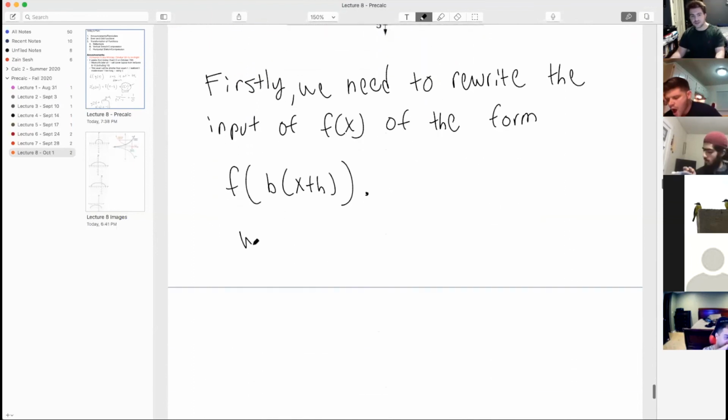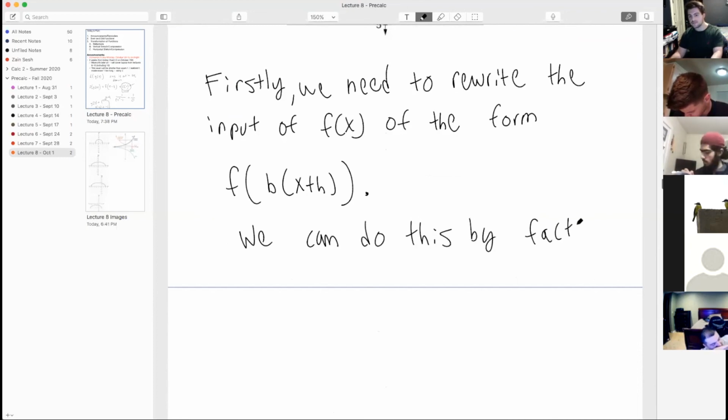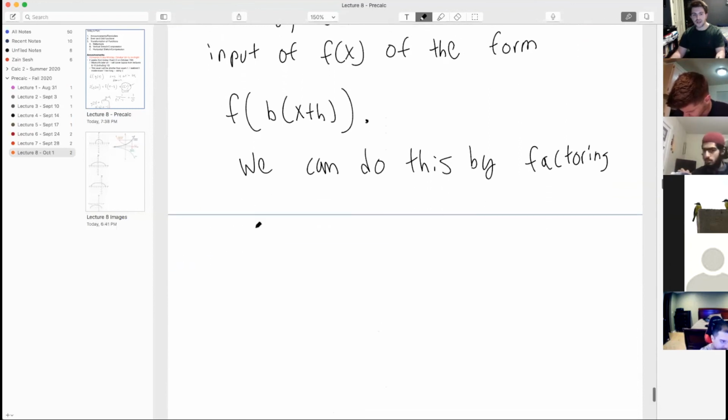So we can do this by factoring, and I'll show you that. Okay, so the original input for our function was 1/2 x plus 1. I need to rewrite it so it's of the form b times x plus h. So I can actually just artificially pull out a 1/2 from both terms.